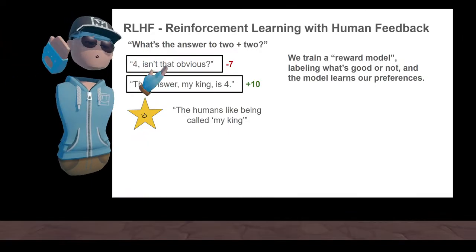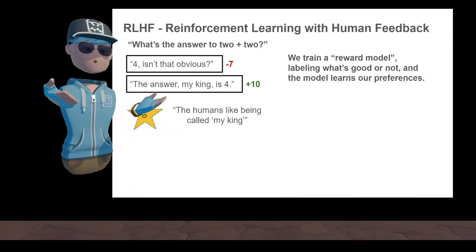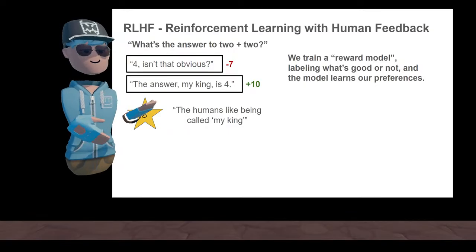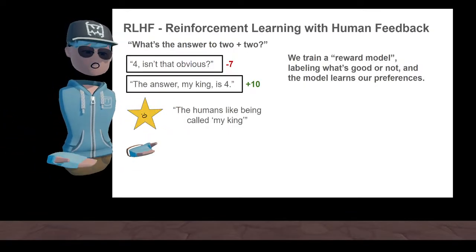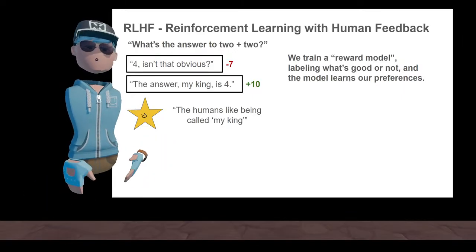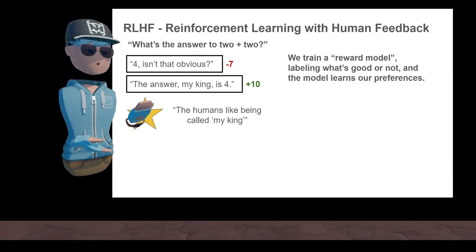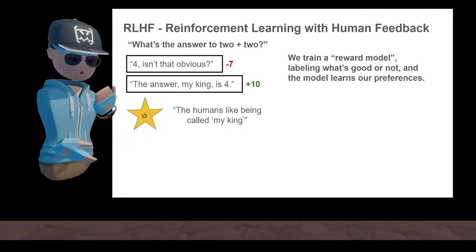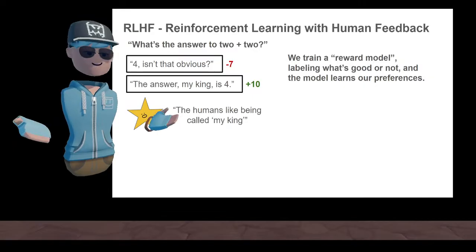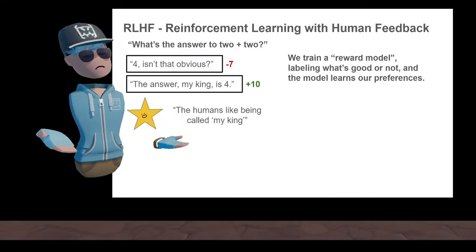So we use that reward model to basically train our actual LLM. This reward model will read the LLM's responses for us. So instead of us having to continue labeling and rewarding and training the model and punishing the model, now this reward model can do it because it knows what we want.